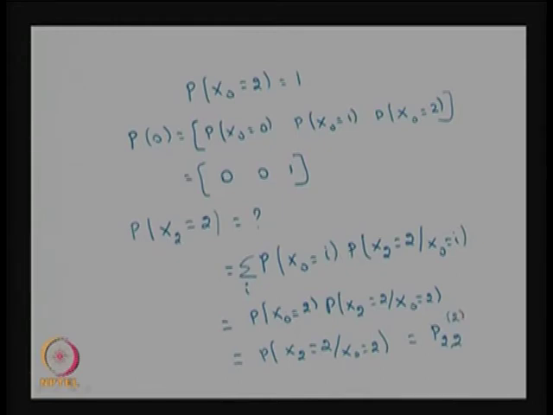This is nothing but the system was in the state 2 at 0th step, and the system will be in the state 2 after the 2 steps. So, this is a 2 step transition probability of system moving from the state 2 to 2.